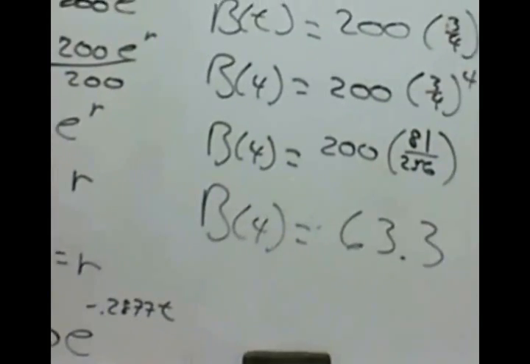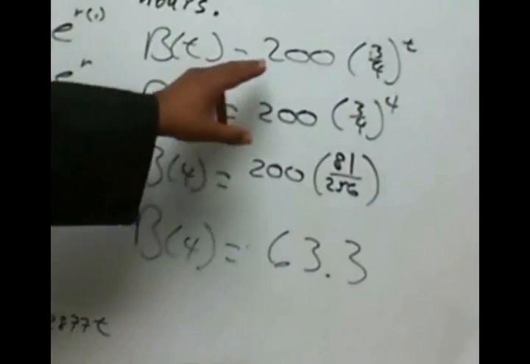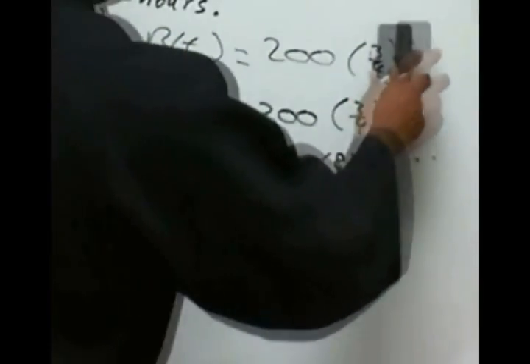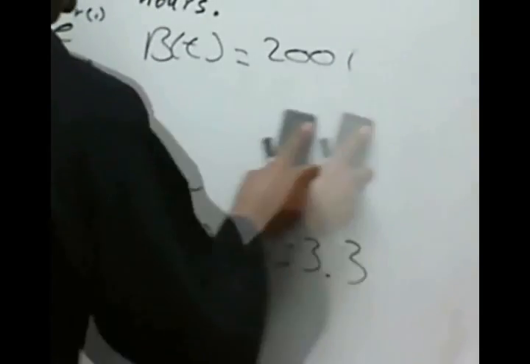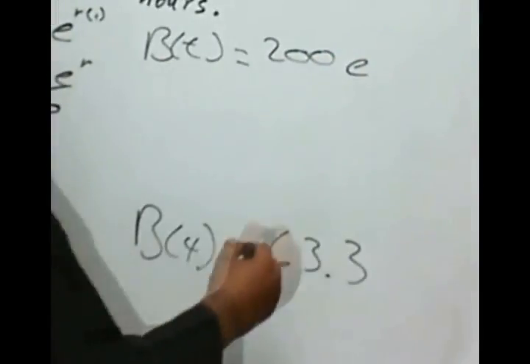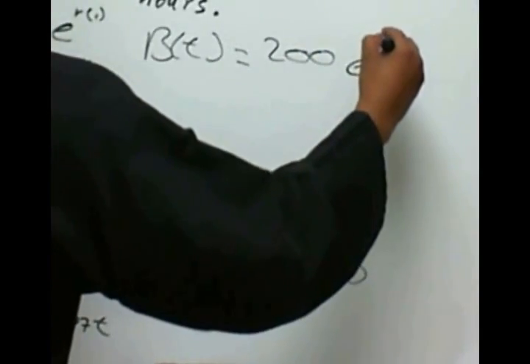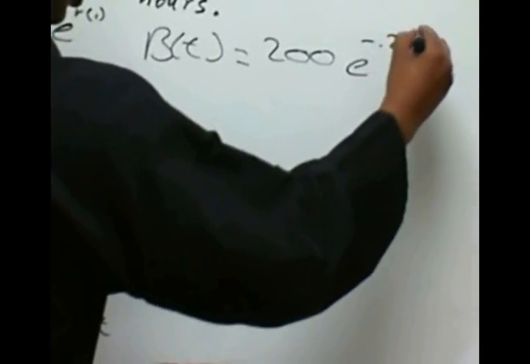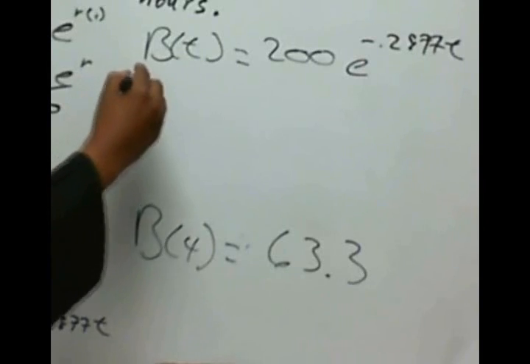Now, before, we were using this, so now let's change this into 200 base e to the power of negative 0.2877t, and we're going to put in 4 hours.